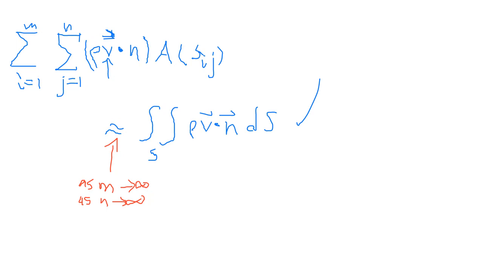And it's interpreted as the rate of flow through the surface S. Okay, so far so good. Are there any questions before I go back to the book?